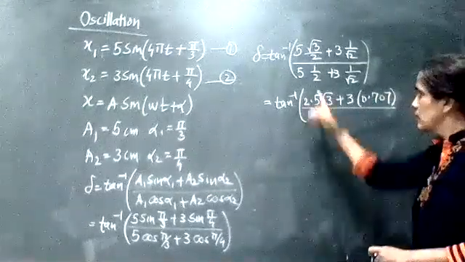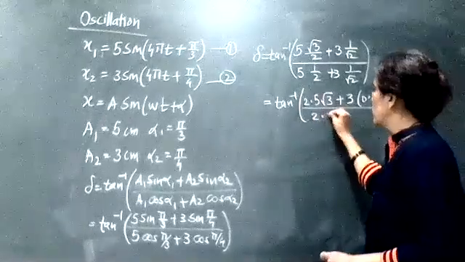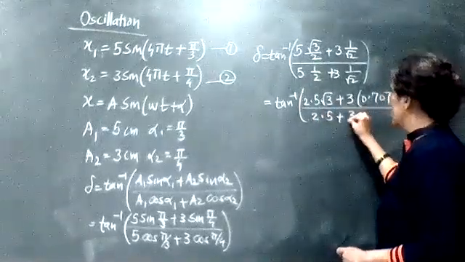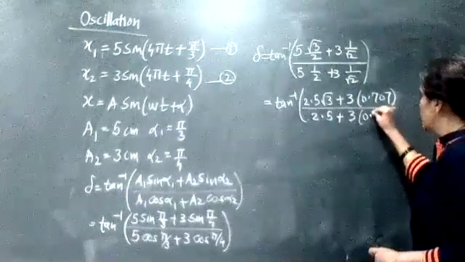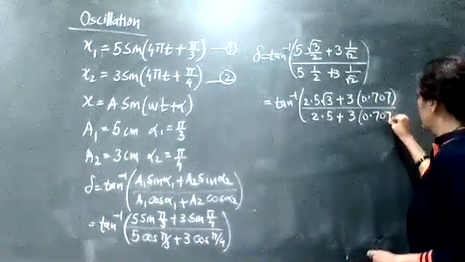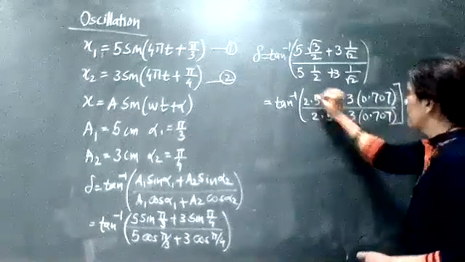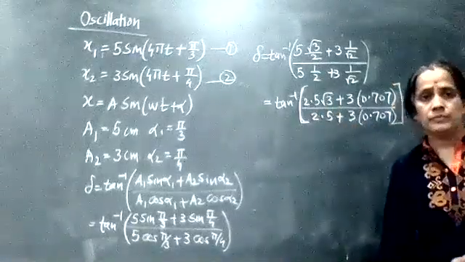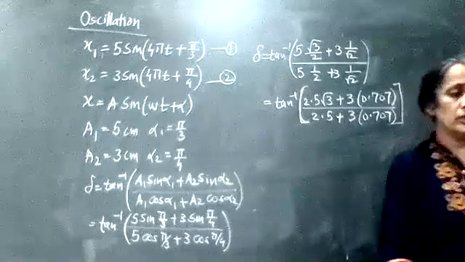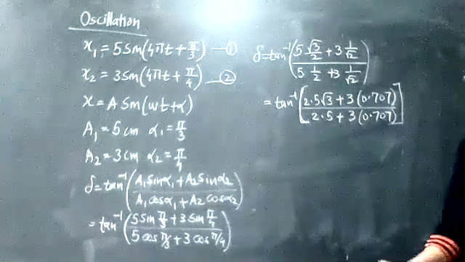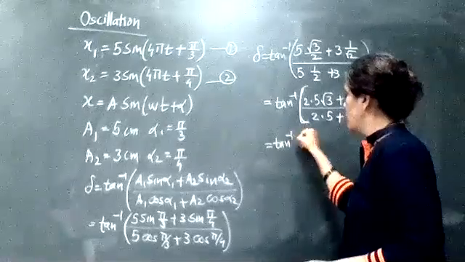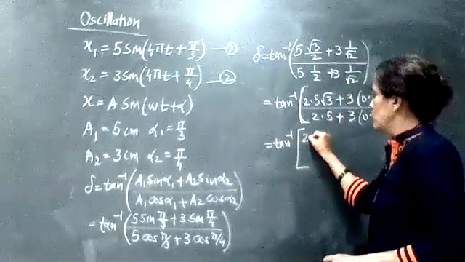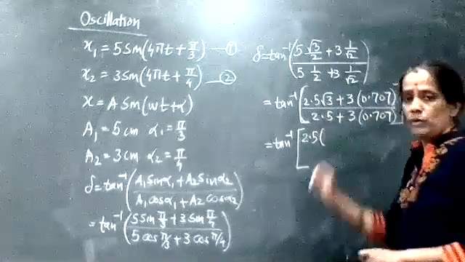Divided by 5 by 2. 5 by 2 is 2.5. Plus 3, again 1 by root 2. 1 by root 2 is nothing but 0.707. And now here I am going to multiply. So it will become tan inverse in bracket 2.5 multiplied by root 3.